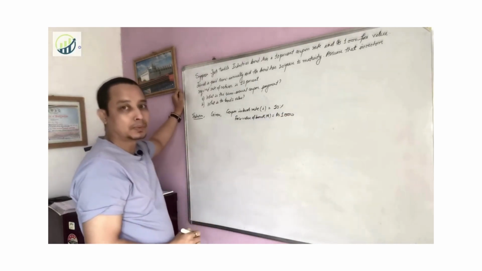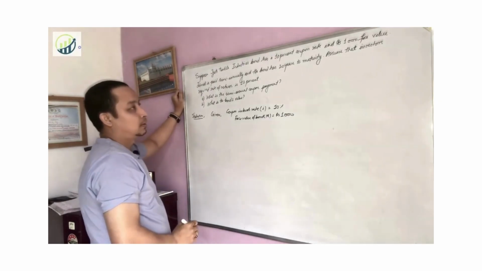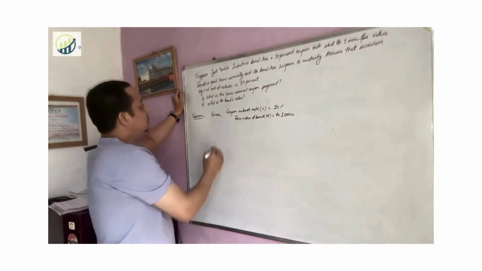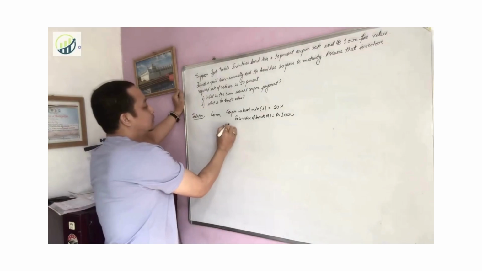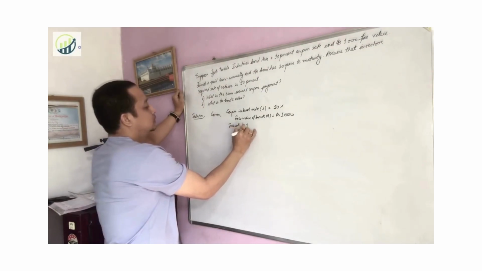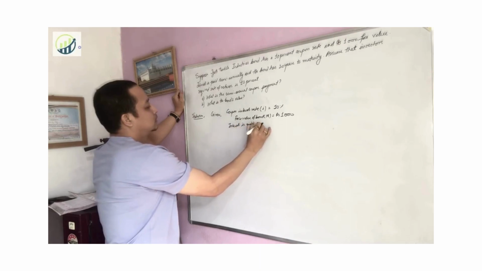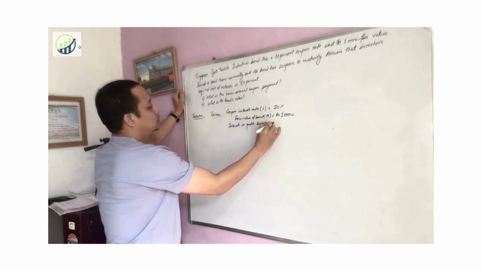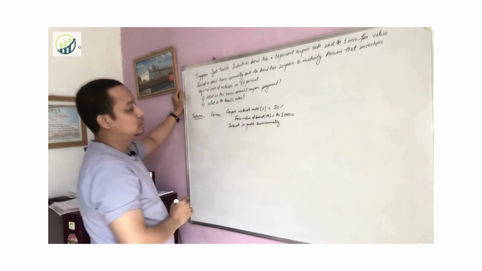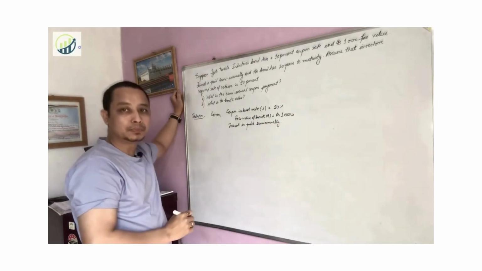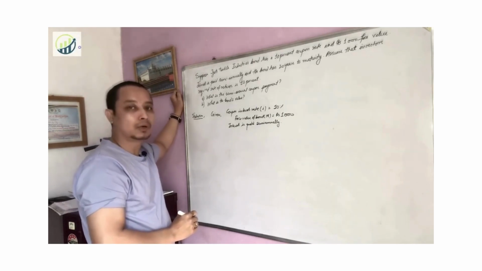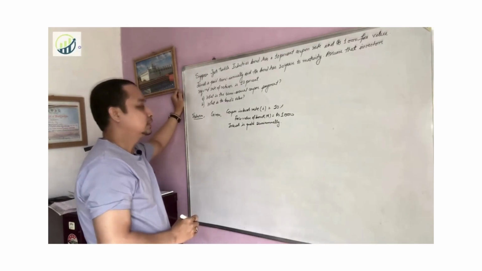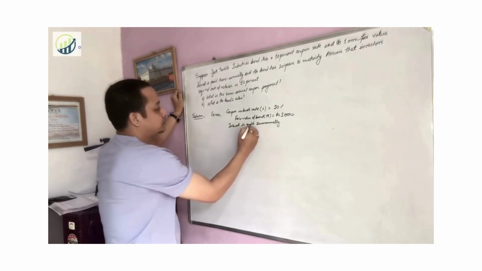It is also called par value, face value, maturity value. Interest is paid semi-annually. This is very important. You have to know whether the interest is paid semi-annually, annually or quarterly. So your interest is paid semi-annually.